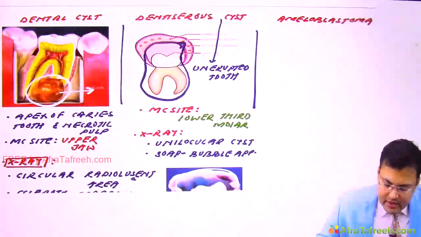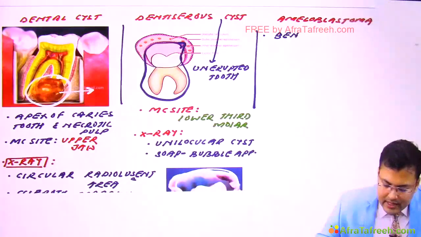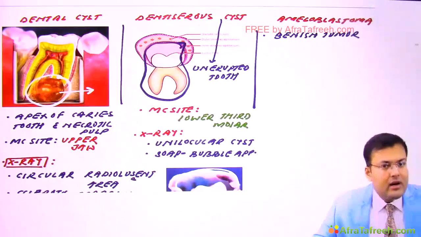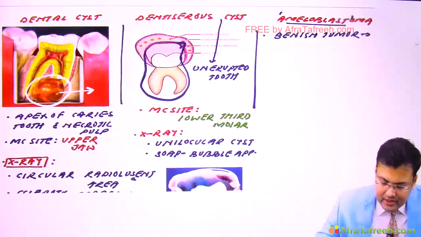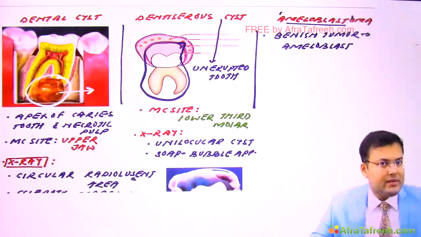Now see the third one, ameloblastoma. So this is the benign tumor, and the term is self-explanatory. Benign tumor arising from ameloblast. And what is ameloblast? It's a normal odontogenic epithelium.